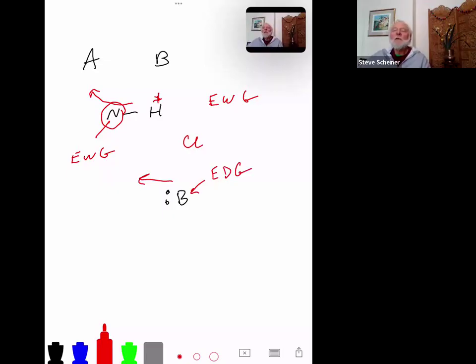Electron donating groups are things like alkyl groups, methyl, ethyl, and so on. NH2 is an electron donating group. Okay, so we could strengthen or weaken a hydrogen bonding group depending on what we put on as substituents on the two groups, both the proton donor and the proton acceptor.